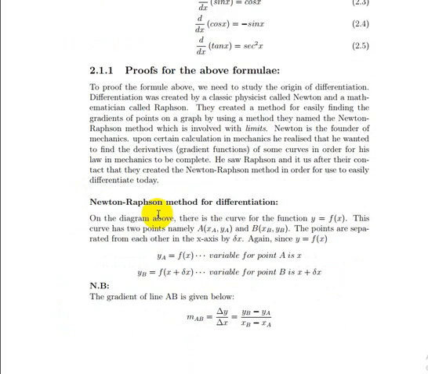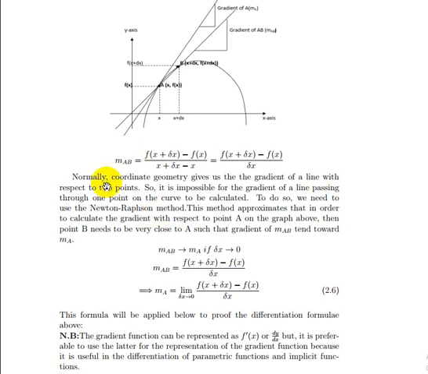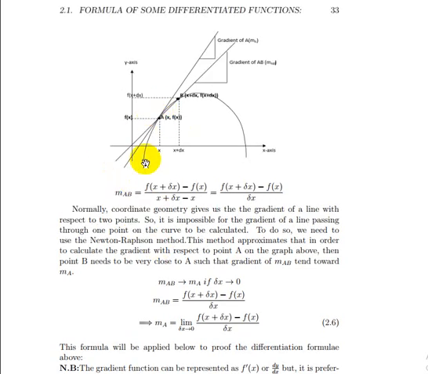So you first realize here that the gradient of the line AB is calculated as y2 minus y1 all over x2 minus x1. Now y2 is the y of b, which is f of x plus dx, minus the y of a, which is f of x.